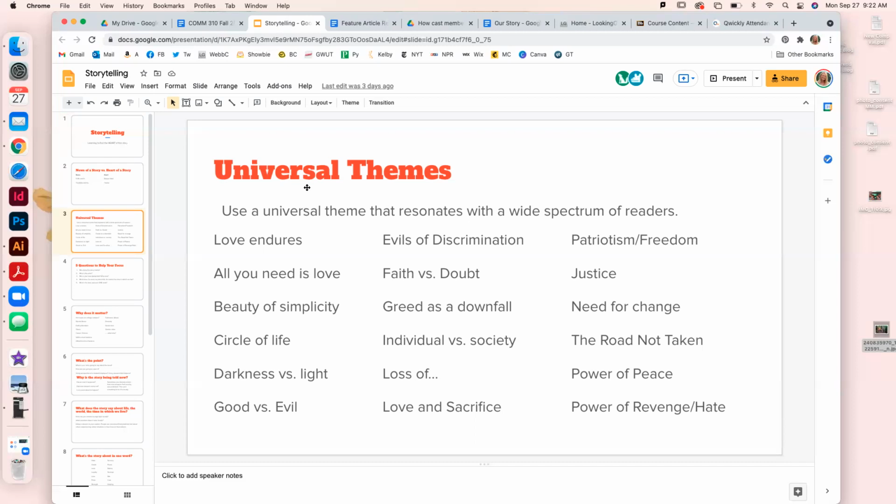These are just a bunch of universal themes. There are tons more out there, but these are ones I collected. If you can find something that grabs one of these themes, then you're going to make a good story. So have these in mind when you're thinking, and have this at the top of your organization.